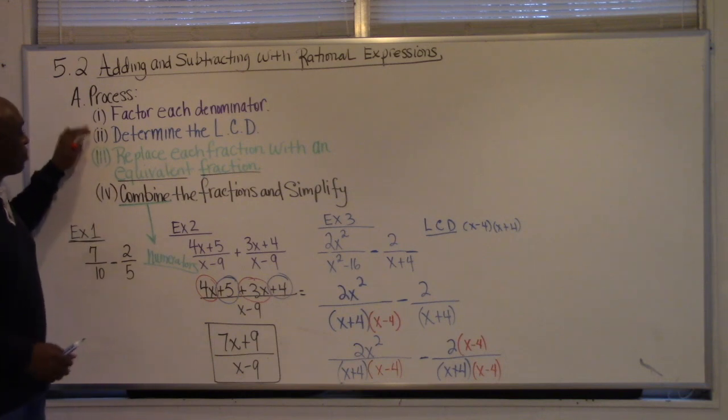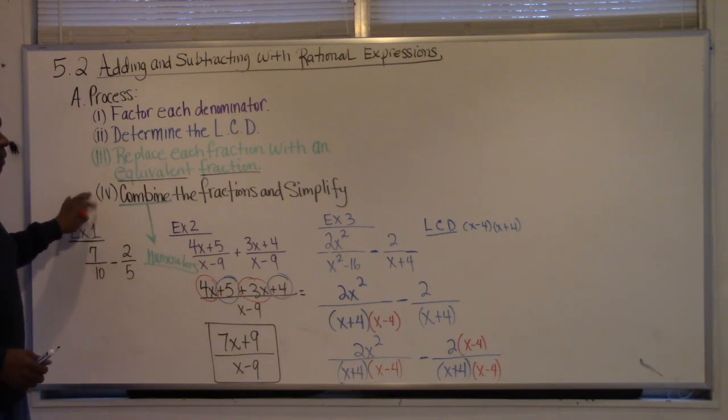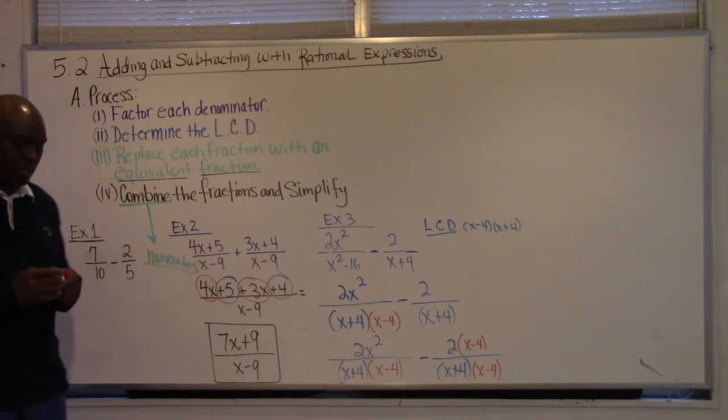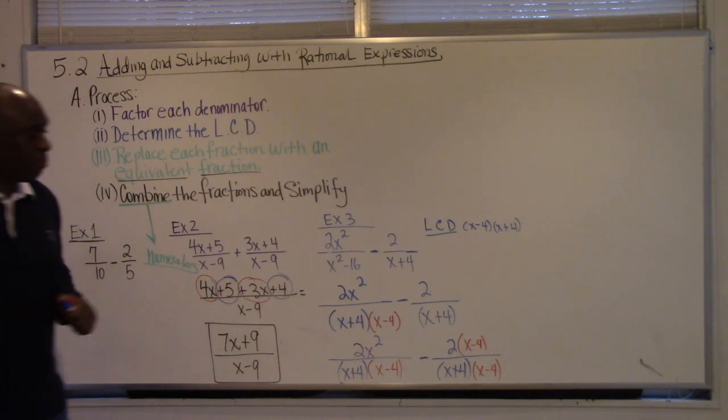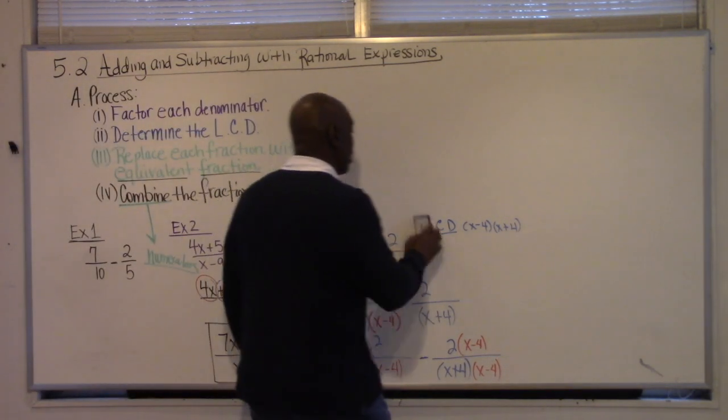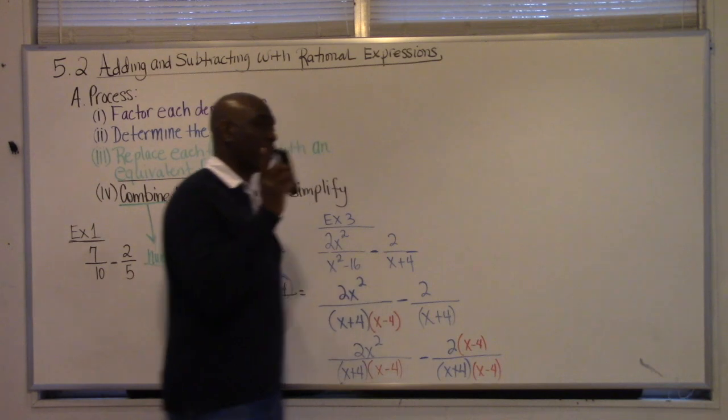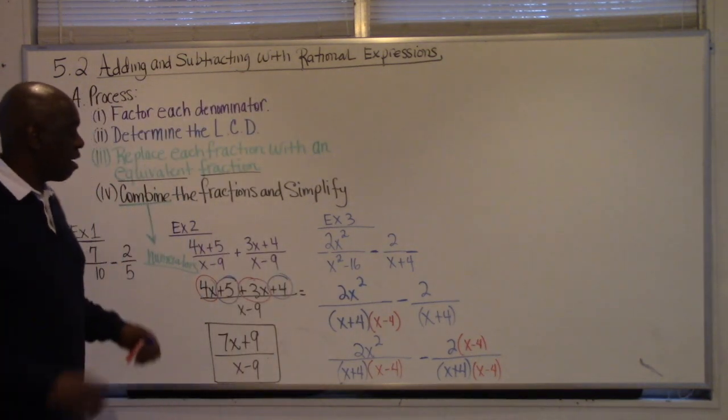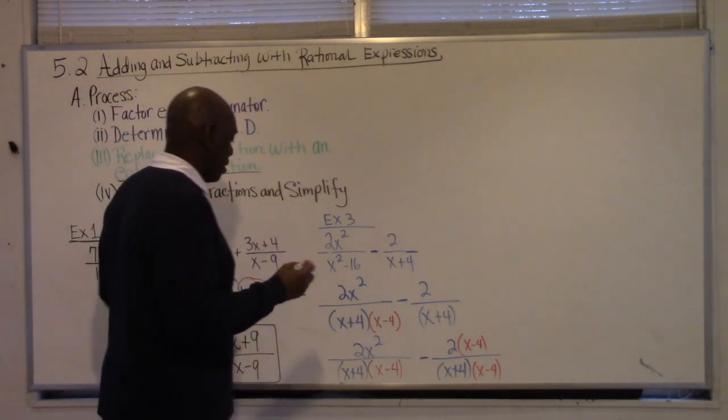So we've done steps 1, 2, 3, 4. All we have to do is step 5, combining. When you combine them, it's about combining and simplifying the numerators. So what are we going to have here?